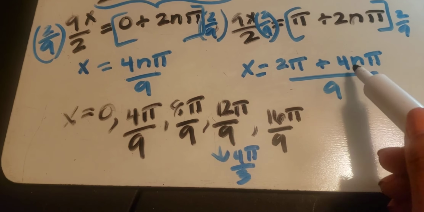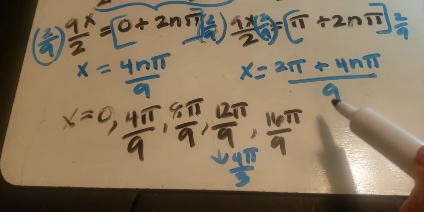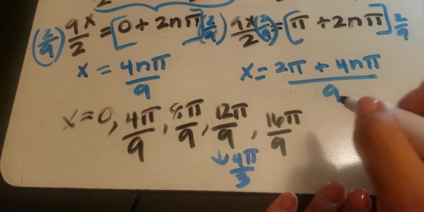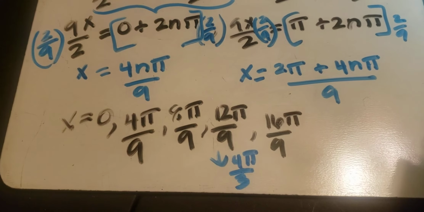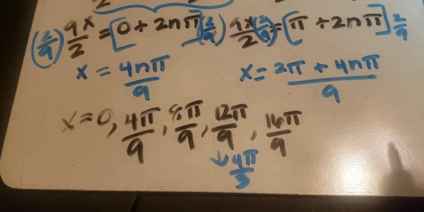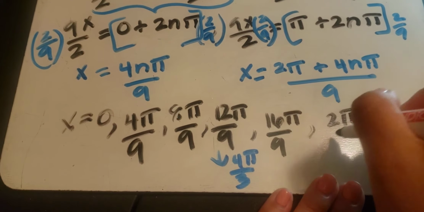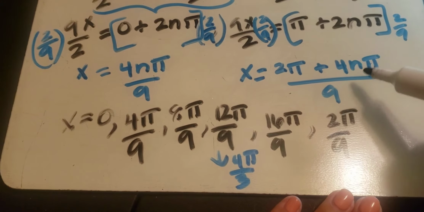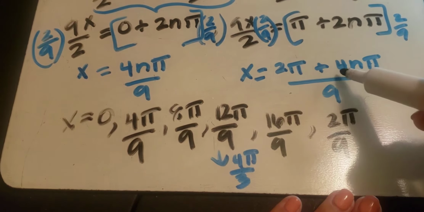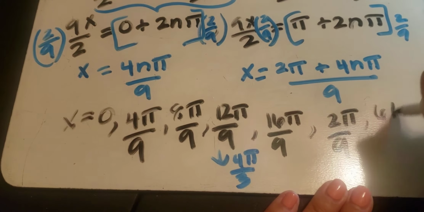When n is 0, this would be 0, so this would be just 2 pi over 9. And that's not in the first list, so I'm going to include 2 pi over 9. When n is 1, this is going to be 2 pi plus 4 pi, which is 6 pi over 9.